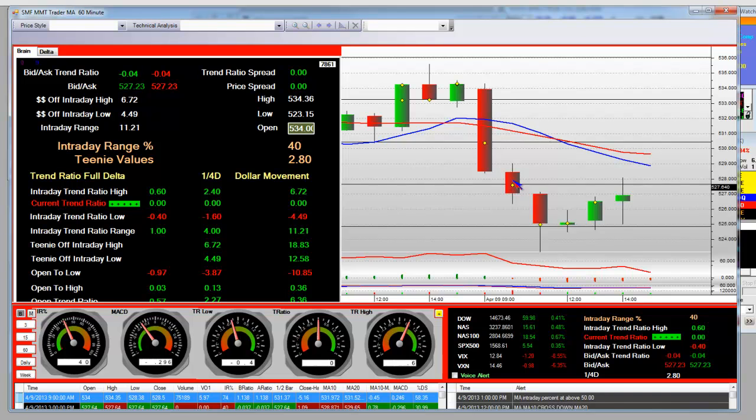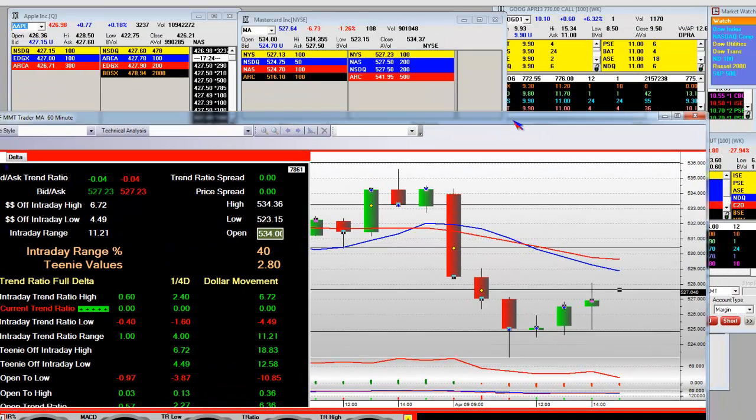We could not close above it, which was, at the time, the half bar at 527.70, and the last print was 527.64.